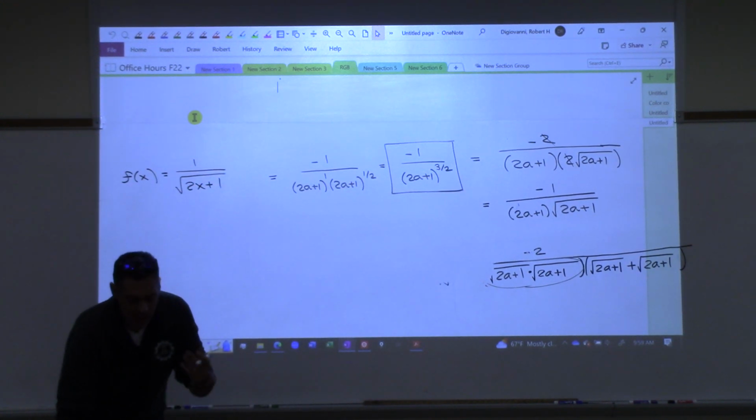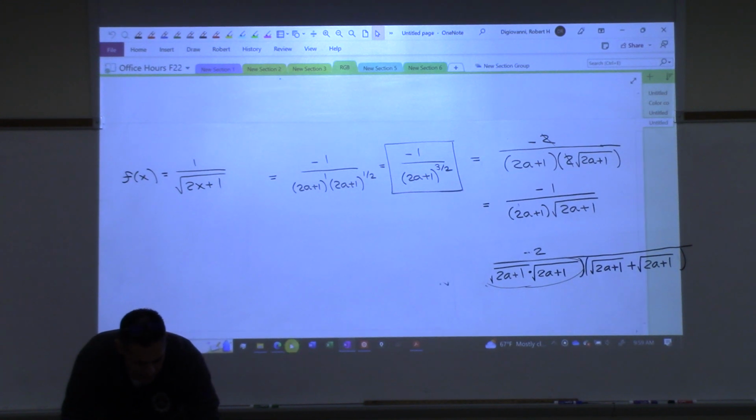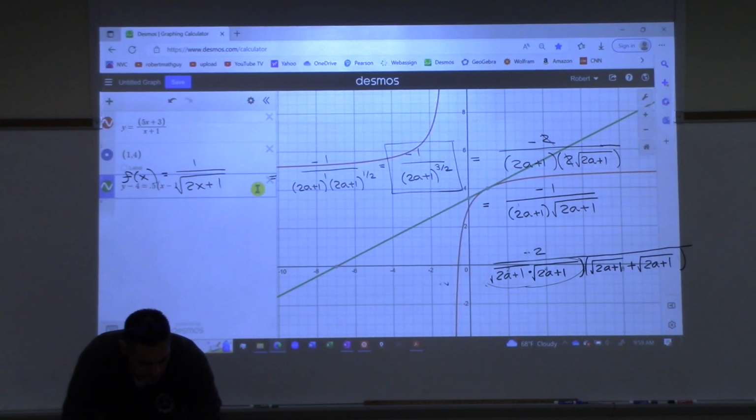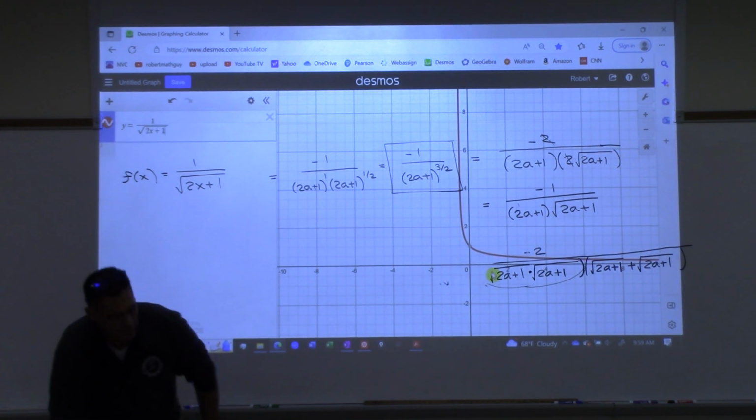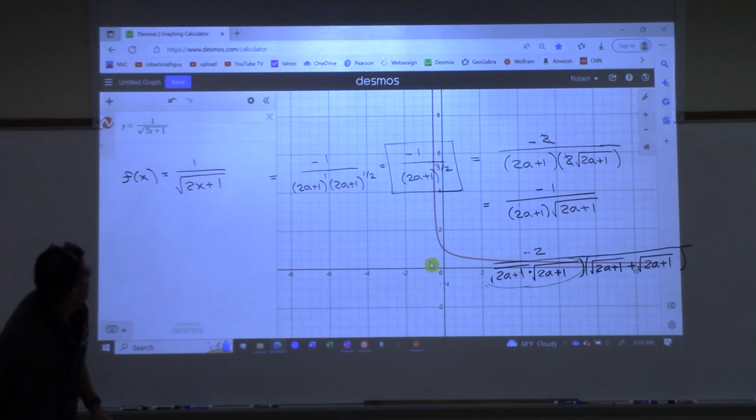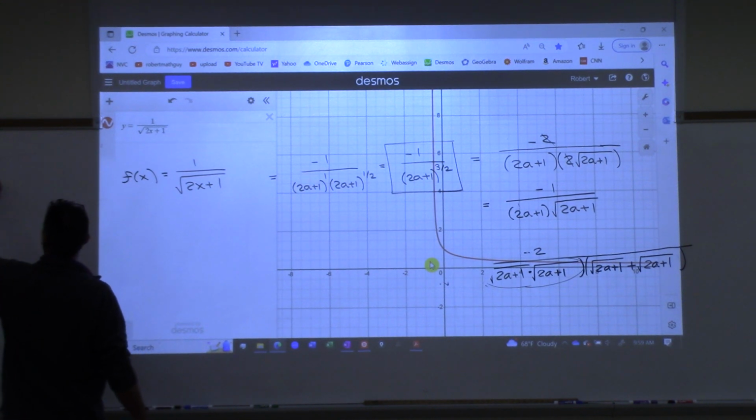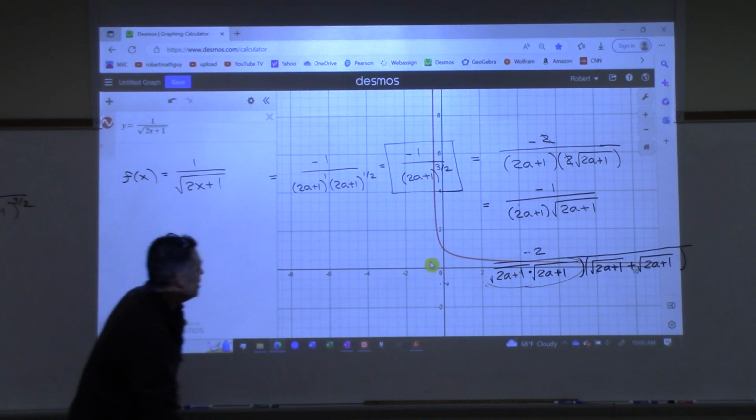And I'm actually going to graph it for us right now. One over the square root of 2x plus 1. All right, there's the graph of the function. And let me write down our formula over here. That was the formula we came up with, right?